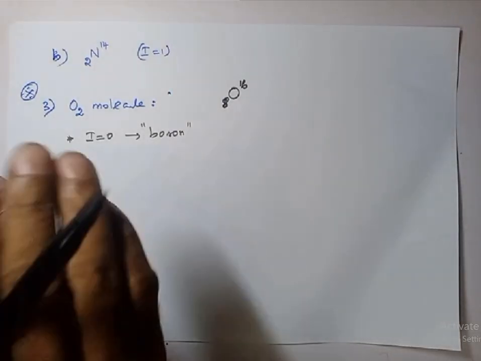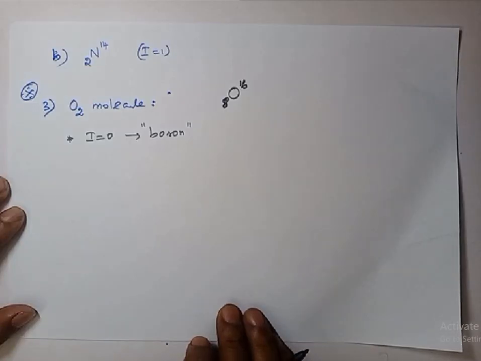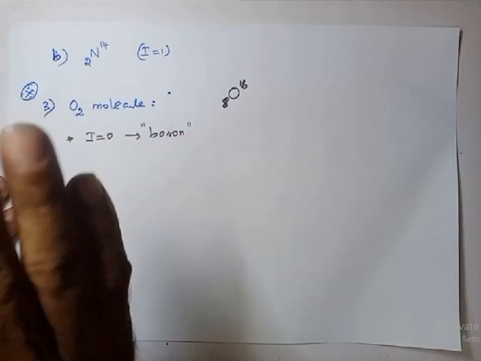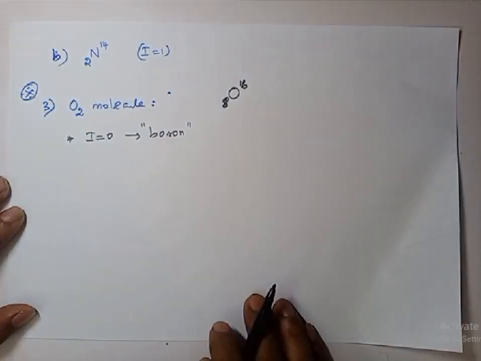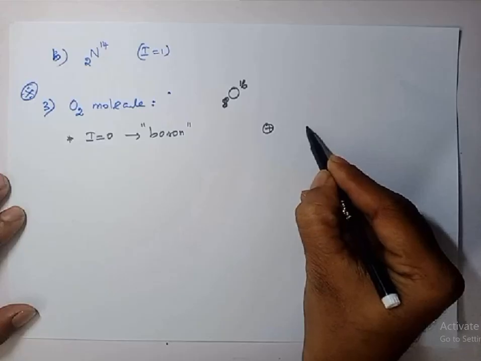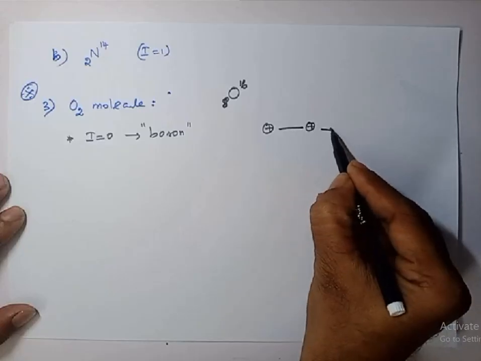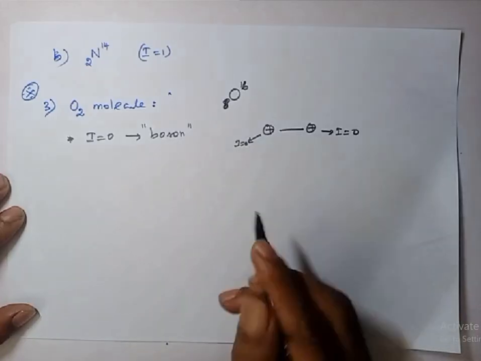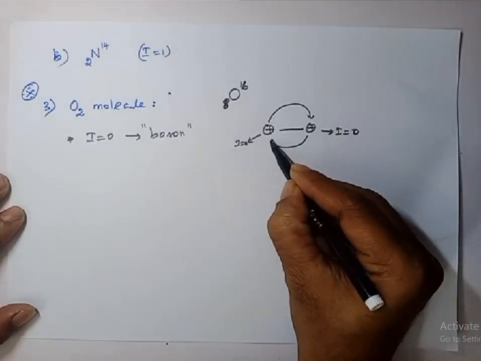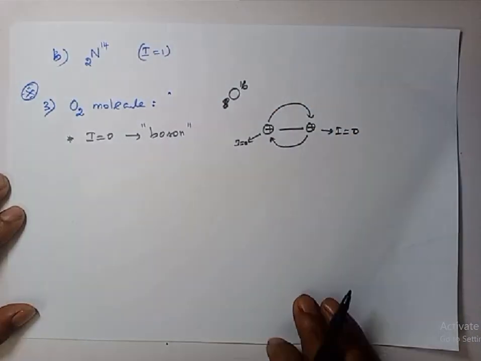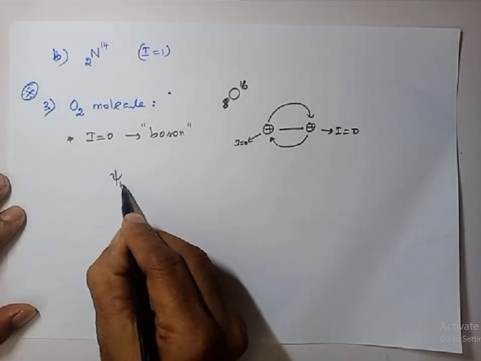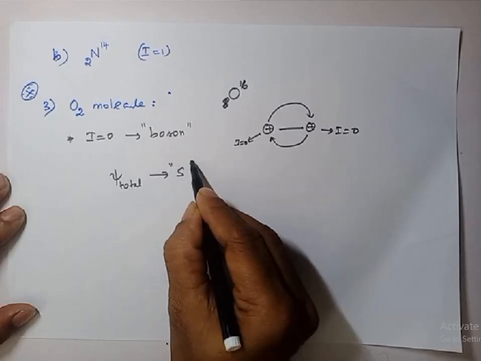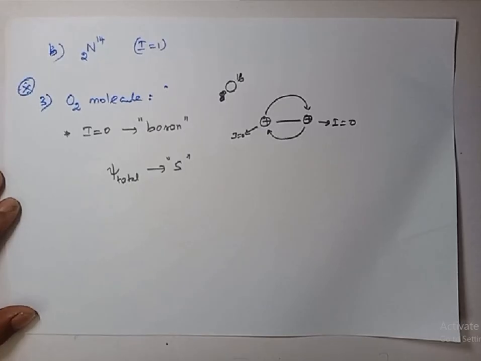So in the oxygen molecule, we have two nuclei, both identical bosons, each with I value 0. When the molecule undergoes rotation, identical bosons exchange their position. Therefore, the total wave function must be symmetric.